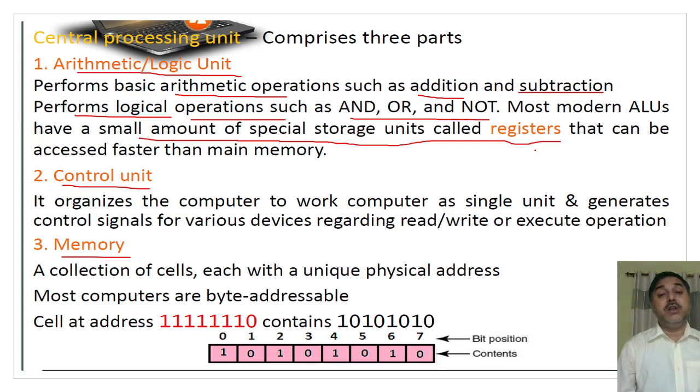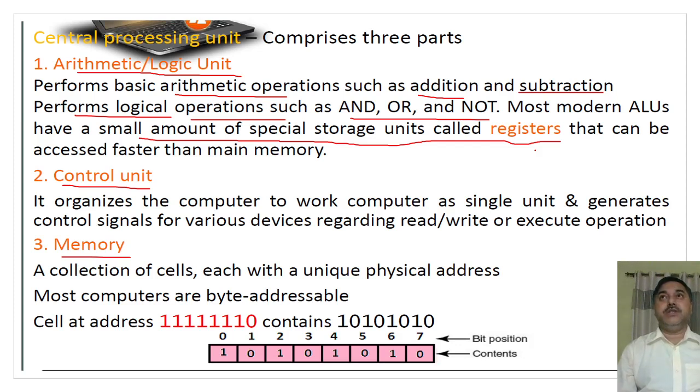These are the logical operations, and they can be done as well as addition and subtraction. Clear? So we have a very small section or special storage unit called a register.